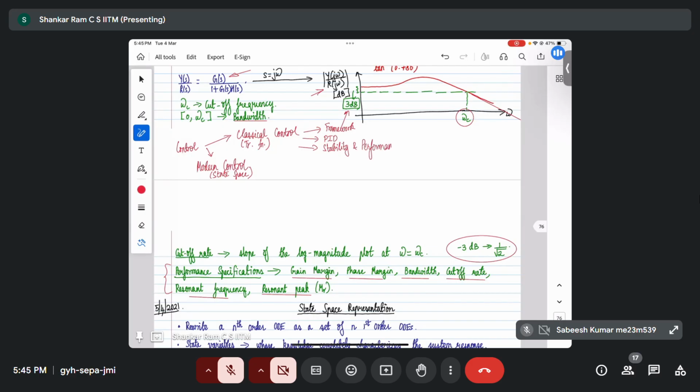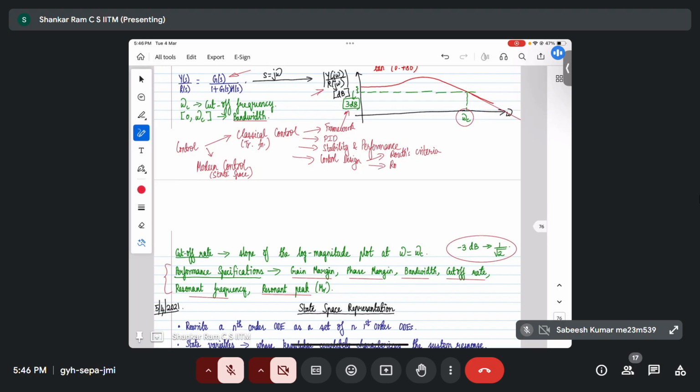So stability and performance metrics or criteria. Then we learned about control design using the Routh criteria, so that you and I can get bounds on the controller parameters.